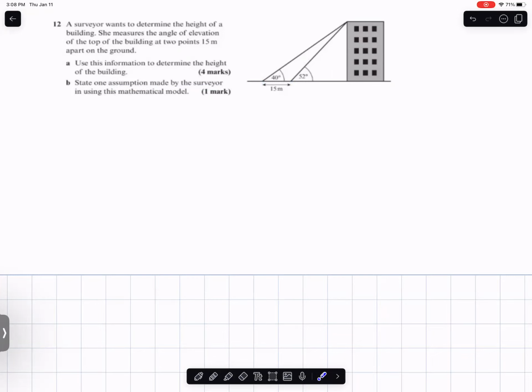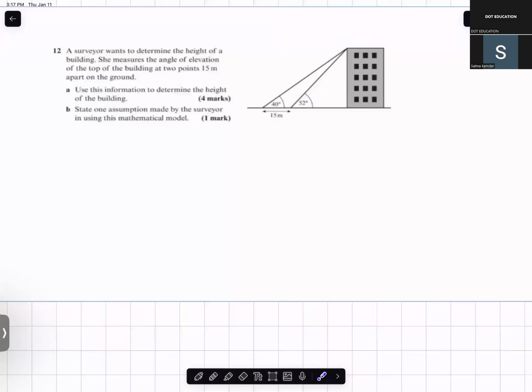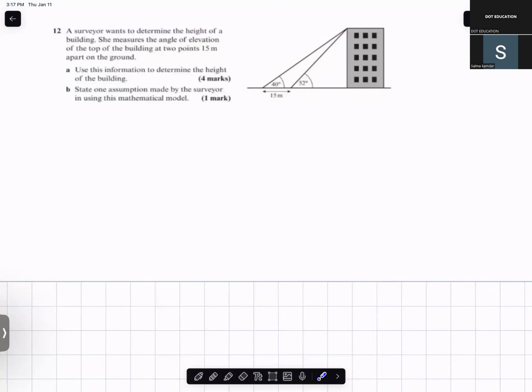So what do we do with this question? So which of the rules are we applying? We only have 40 degrees and we have 15 meters. Looking at this, we have the sides, like I said earlier, 15 and 40 and 52. So what happens here?